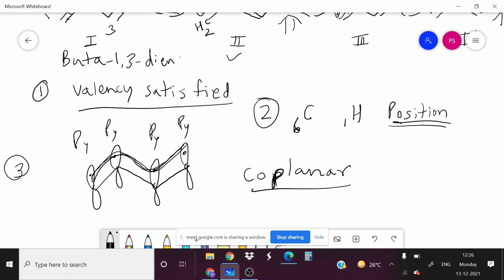If you wish to move the electrons in a conjugated manner, the next orbital should be parallel to the previous orbital. So all these delocalizing electrons must lie in the same plane. They are coplanar. You got it?